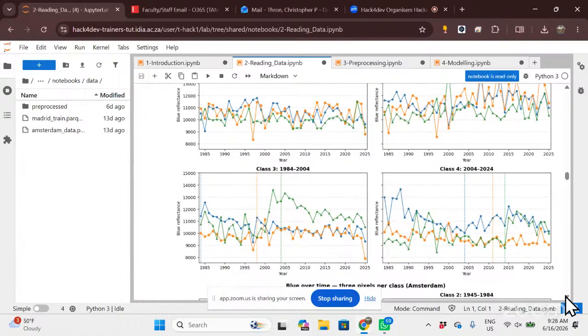All right, now let's look at class 3. I should tell you that those dotted lines are the actual date of construction. So this orange dotted line indicates that this orange pixel was constructed in this year. The green indicates that the green pixel was constructed in this year, 2004. Okay.